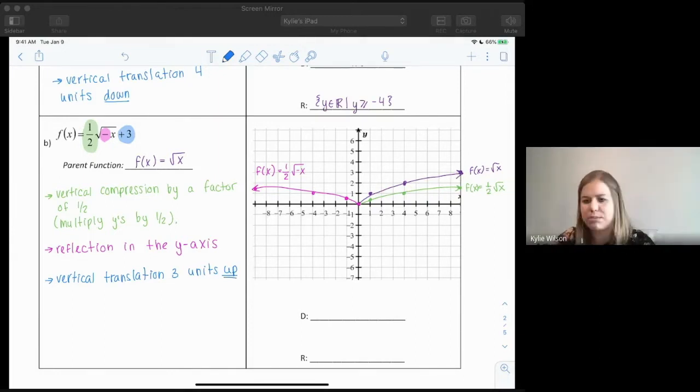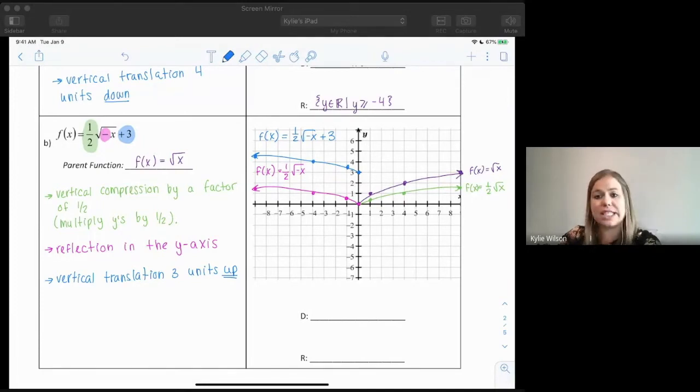So now let's move all the pink dots 3 units up. And then we connect them. Sorry, my lines aren't so nice. It's kind of hard to do on the iPad. So now we have f of x equals, and we've done the 1/2. We've dealt with the negative x, and finally we've dealt with the positive 3.